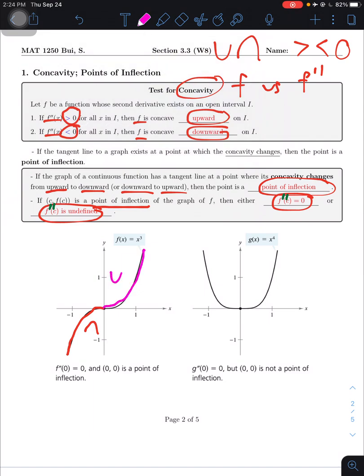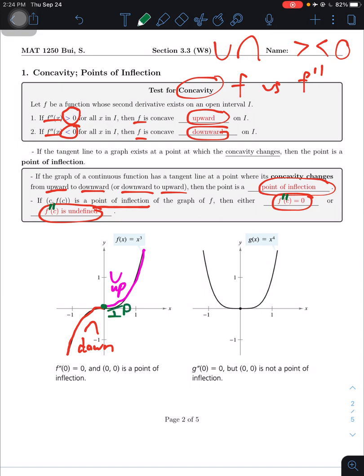So we go from downward, which I'll mark as down, changing to upward, let me put it in pink. The point where that change happens is this point here, let me put it in green. We're going to call this one the point of inflection, or IP for inflection point.